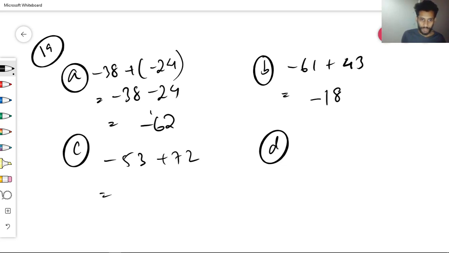When I do this minus plus, we subtract, and the result will be 19. Sorry, this one will be plus. Why? Because the bigger one has plus in it.